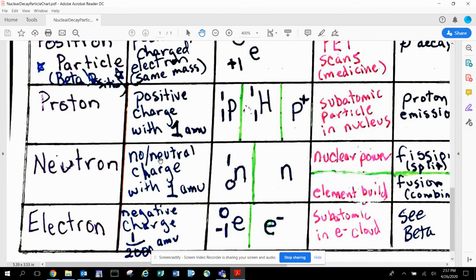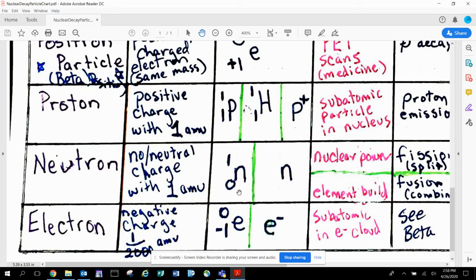And then you just have your typical subatomic particles that can be released during nuclear decay. So protons, neutrons, electrons. Protons are positively charged. They are said to have a mass of 1 atomic mass unit. Neutrons are the same mass, but they do not have the same charge. Electrons are 1/2000th the mass, okay, and they have a negative charge. So here's the symbol of a proton that you may find.